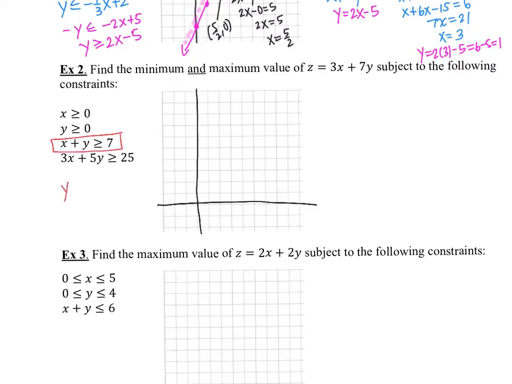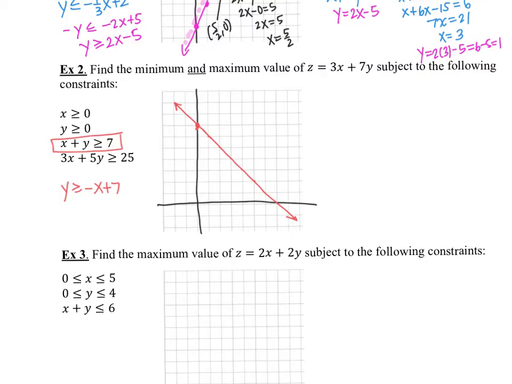I could do intercepts, or I could do slope-intercept form. Y-intercept is 7, 1, 2, 3, 4, 5, 6, 7. The slope is down 1 over 1. Your graph doesn't have to be perfect, but it does help with your vertices if it's on the nicer side.